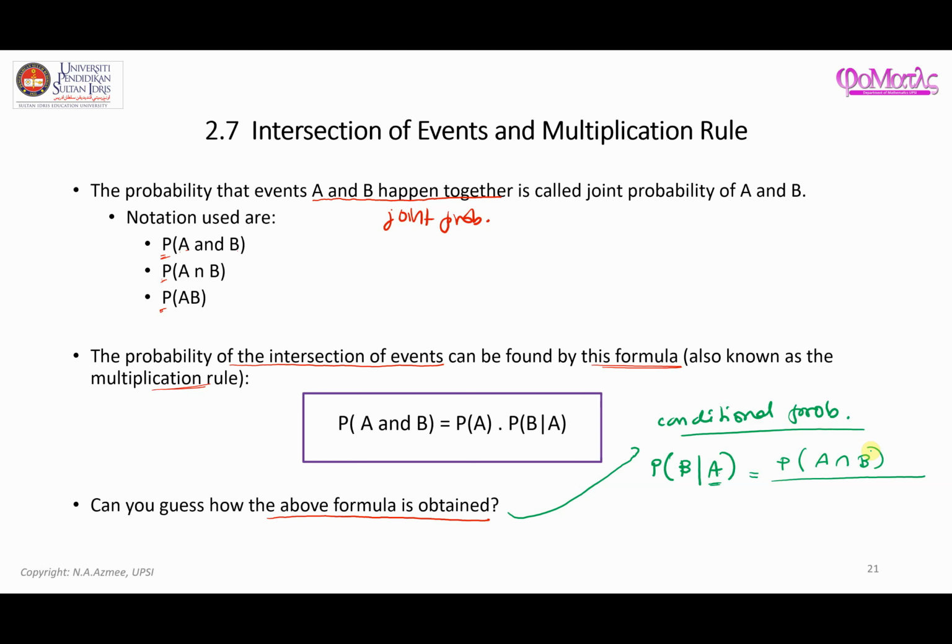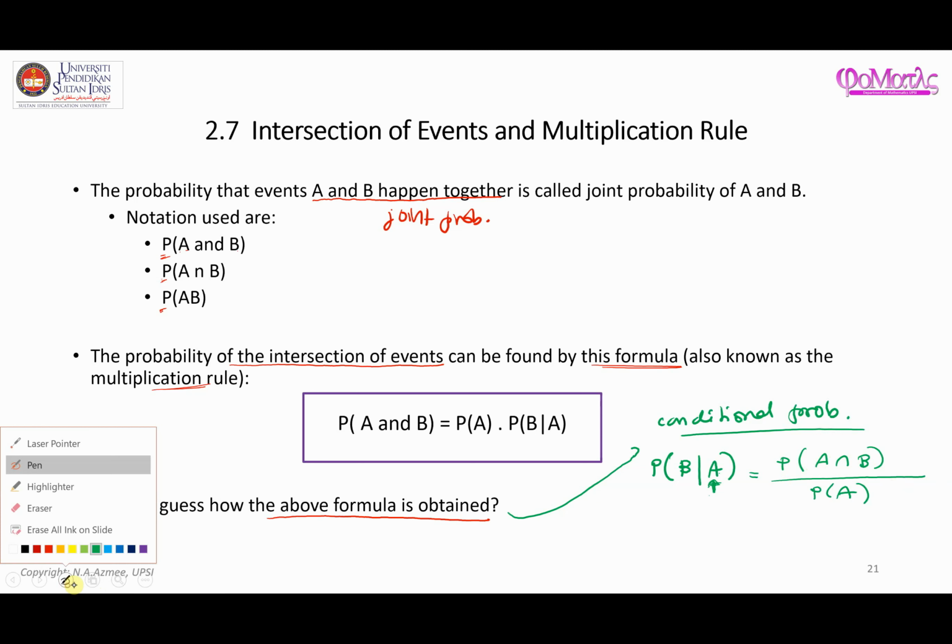The top part is the joint probability, and at the bottom part we're going to supply the information from this event that has already happened. A has already happened, so you should be able to tell the probability of A, and that information is supplied right here. So that is the probability of A intersect B over the probability of A.